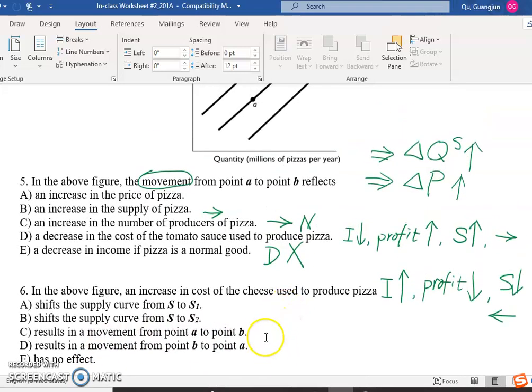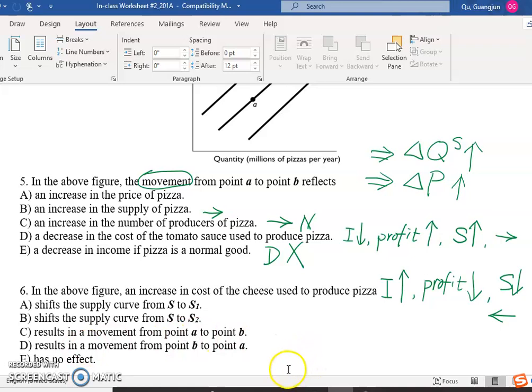Now, we already finished our discussion about supply theory. In the next video, we're going to start talking about the market equilibrium.